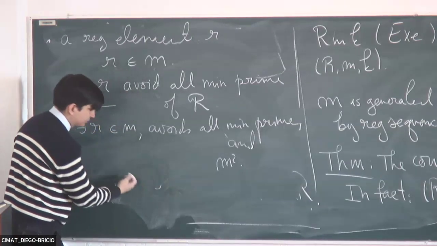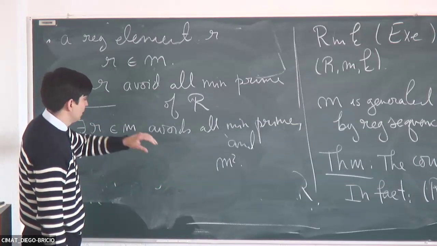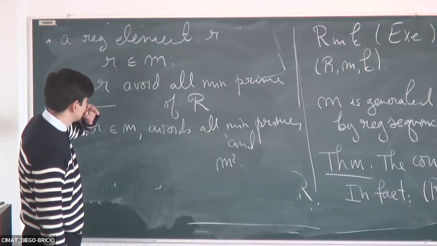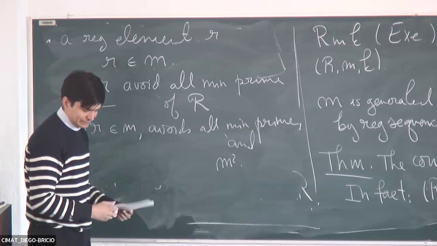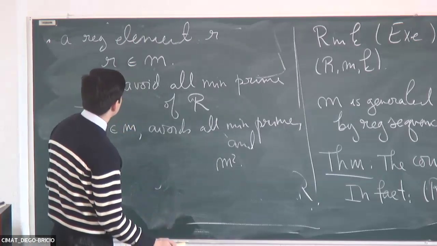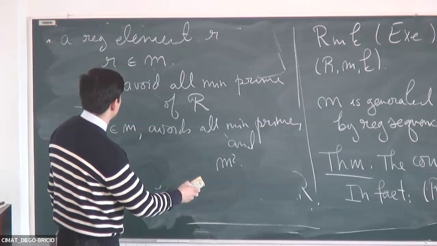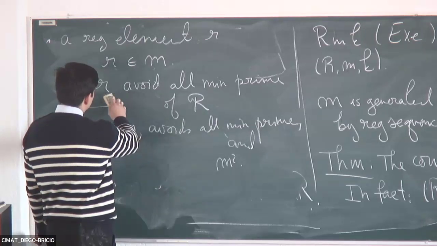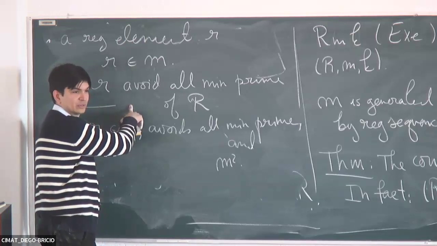I'm so sorry, it's sort of the equivalent thing, right? To be a non-zero divisor, you have to avoid the union, right?